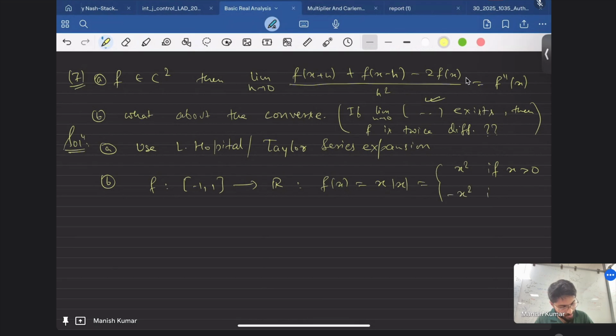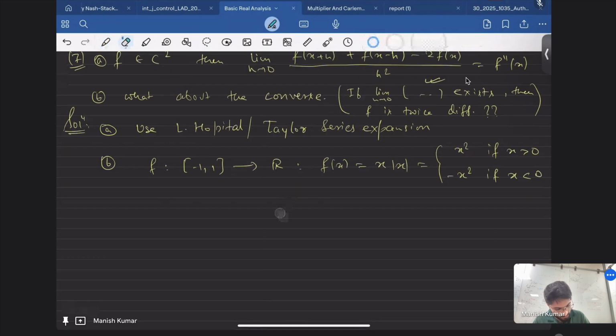Now if you differentiate it, f prime of x will be equal to 2x if x is greater than 0, minus 2x if x is less than 0. You can put equal to as well.